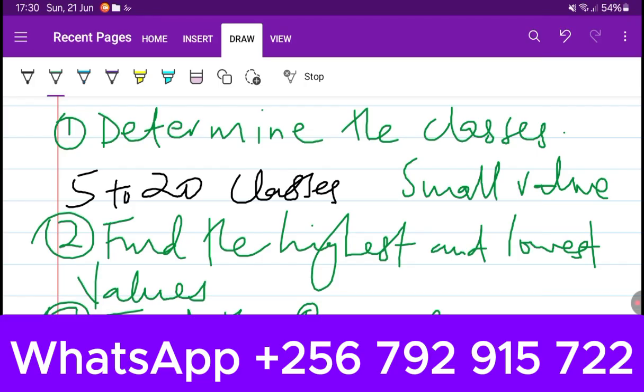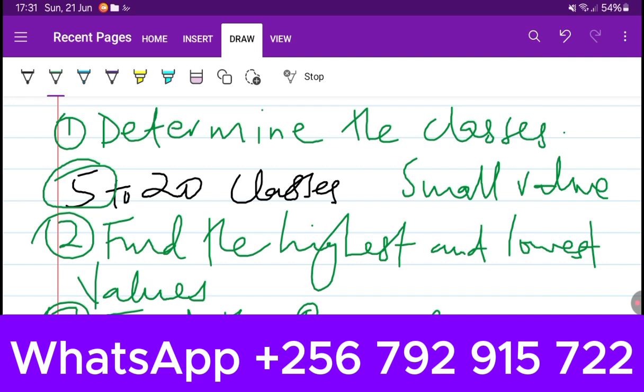So what are you going to do? In such a situation, you can ignore this step if it is necessary, and you take values based on your estimation. But keep in mind that if you are not given the highest and the lowest value, you should have at least 5 classes in a given data set.